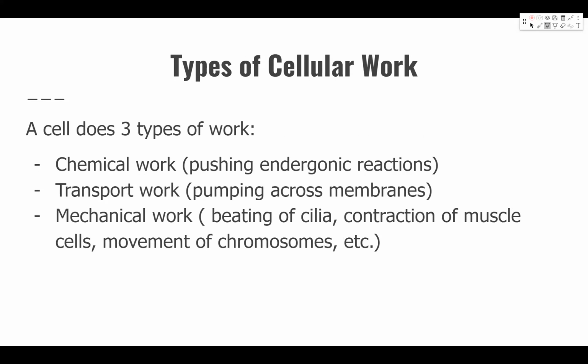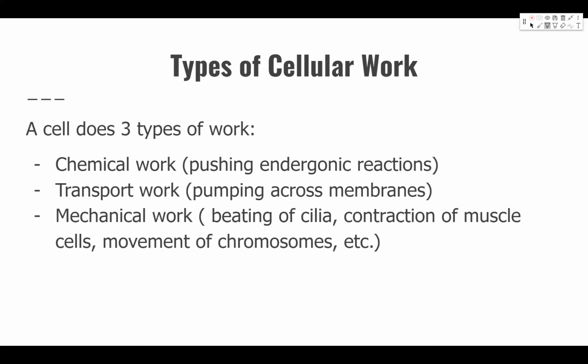Now, all of this gets us to how a cell uses energy, right? We got all this foundation, and now we start getting into the bio in this biochemistry. So, there are 3 big types of work that cells have to do. 3 big things that cells need energy for. The first is chemical work.